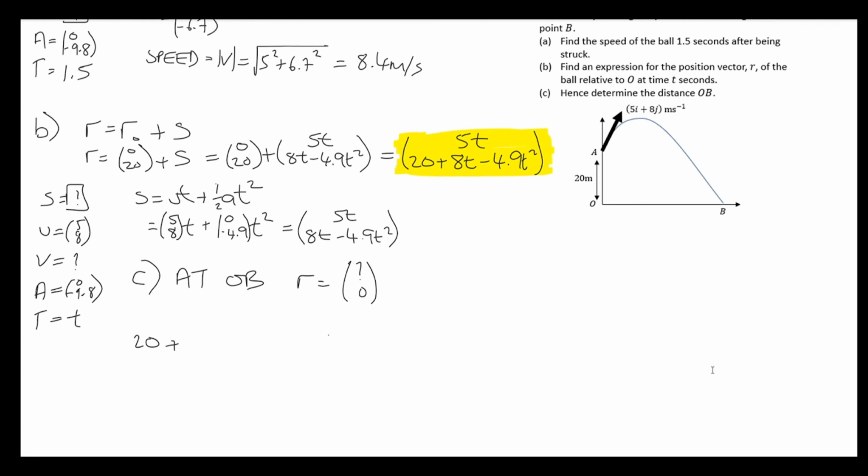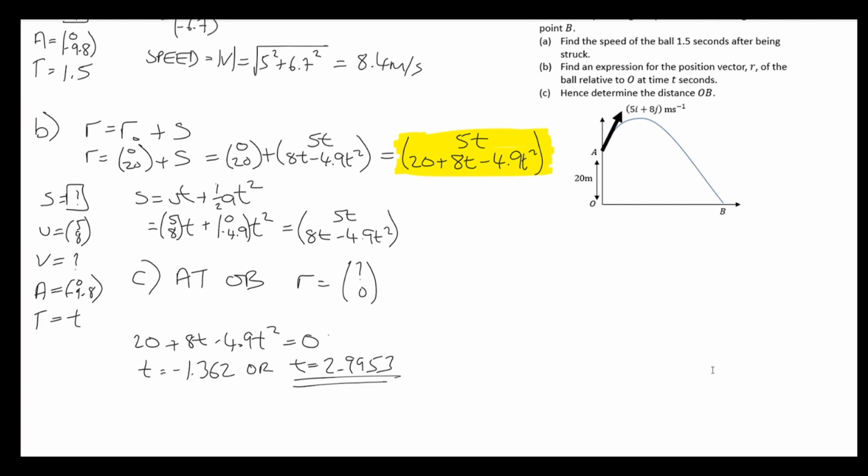So 20 plus 8t minus 4.9t squared equals 0. Into your calculator, factorizing, quadratic formula, however you get these two results, I get t equals negative 1.362 and t equals 2.9953. I'm not interested in any negative times. That will be before the point of projection. So 2.9953 is the answer I'm looking for.